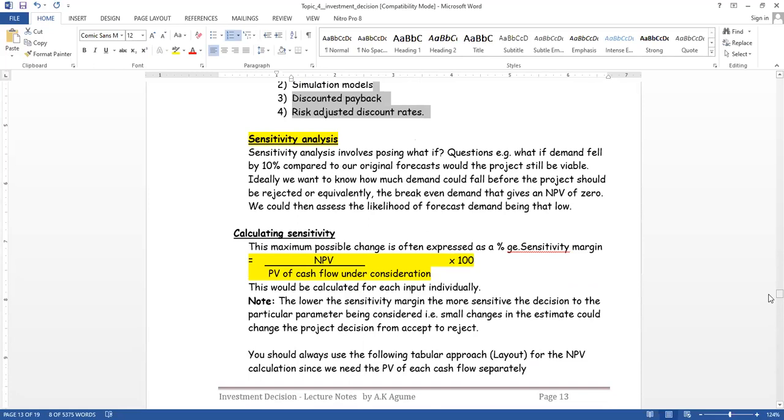What if, for example, the demand for our products has fallen by maybe a certain percentage compared to what we had originally forecasted? What would happen? Would our project still be viable?